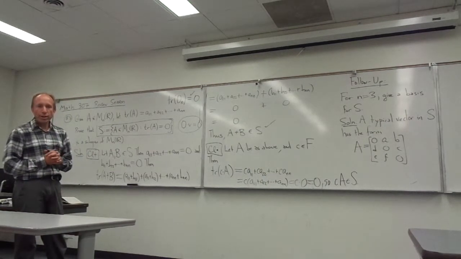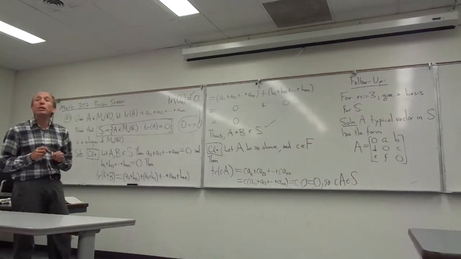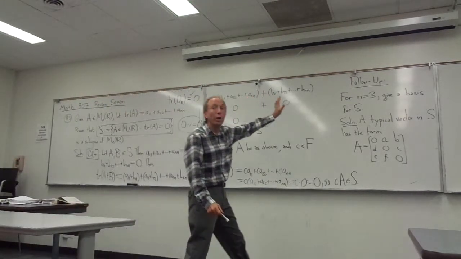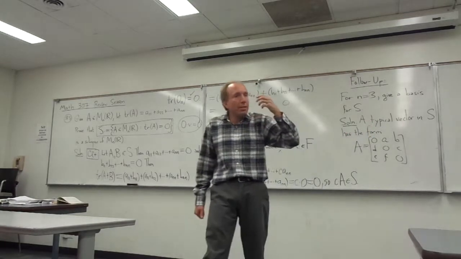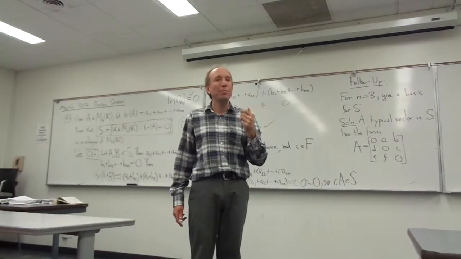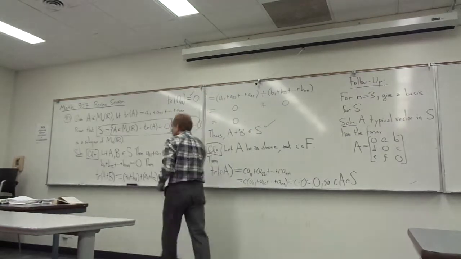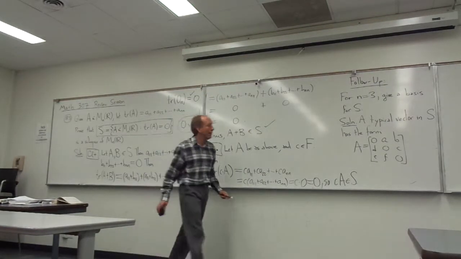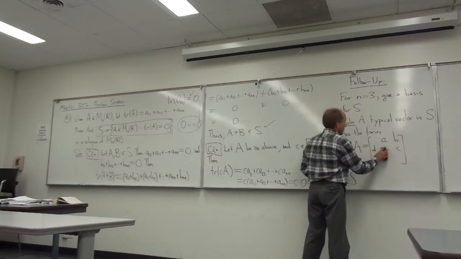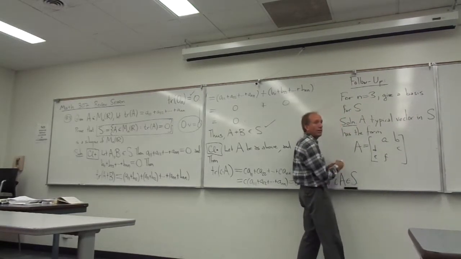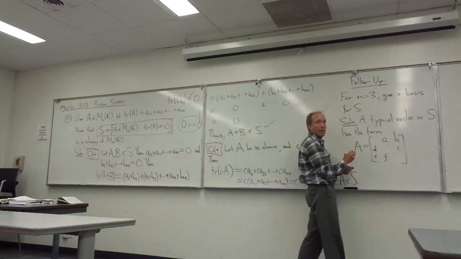Does everybody have their erasers handy? So here's the thing. When you're putting down the form of the vector in your set, it has to be the most general form. Do you have a suggestion what I need to do differently? For the diagonal, you're going to put A11, the second one would be A22, the last one would be minus A11 plus A22.